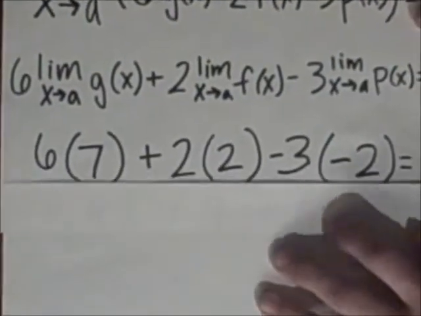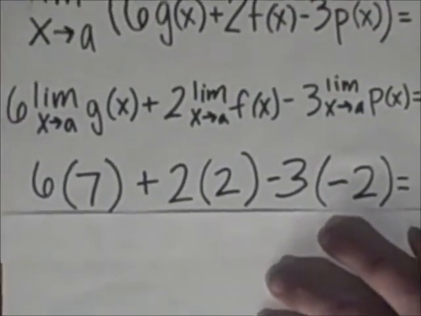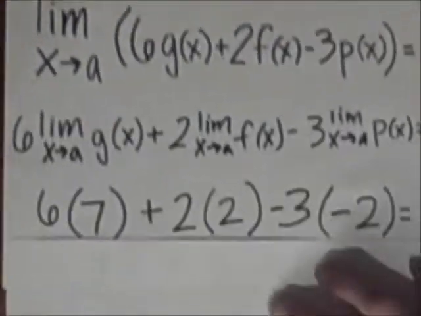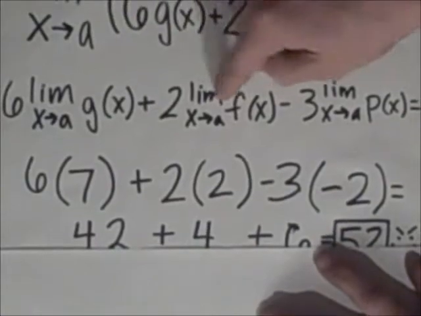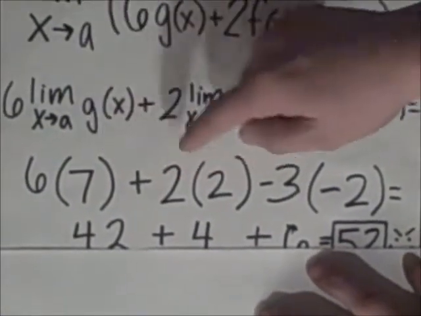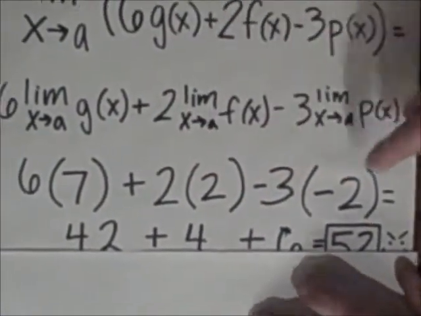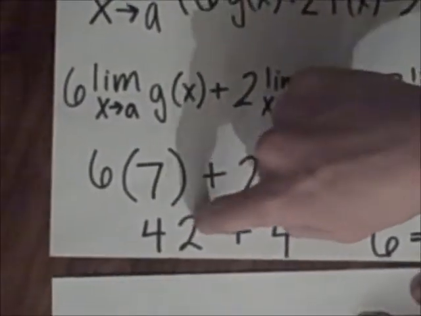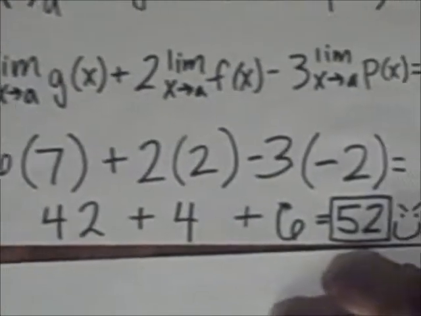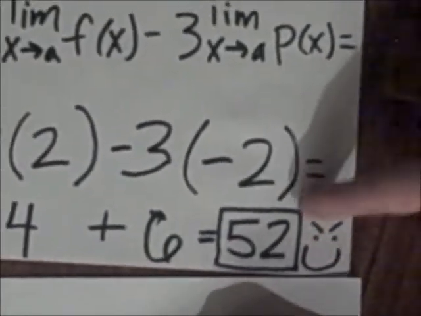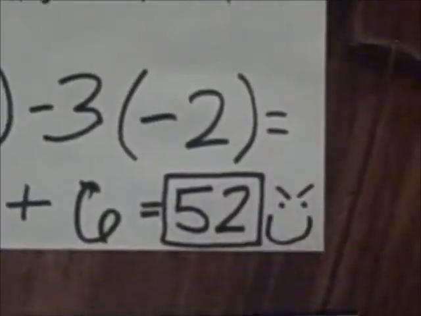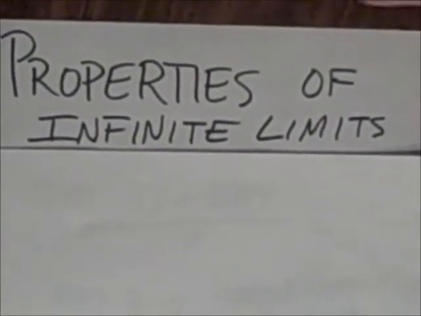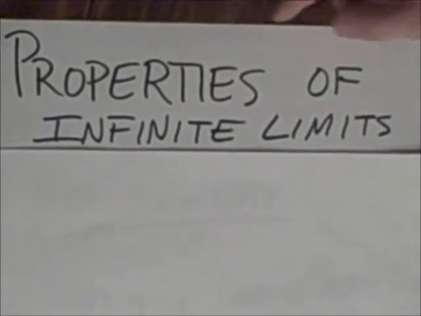Using the numbers provided at the beginning and plugging them back in for these three limits, we get 6 times 7 plus 2 times 2 minus 3 times negative 2. That gives 42 plus 4 plus 6, which equals 52.